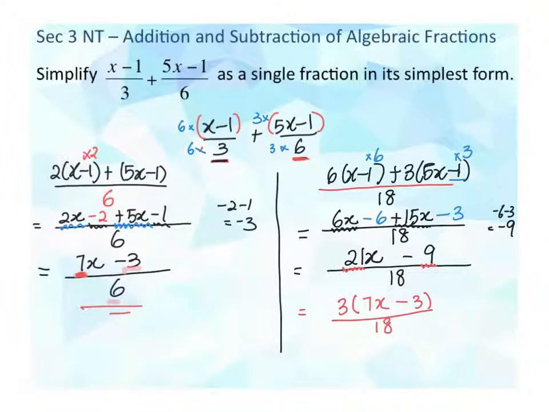And now we have to cancel out 3 and 18. 18 divided by 3 gives me 6, and this is 1. So after that, we simplify as 7x minus 3 over 6.